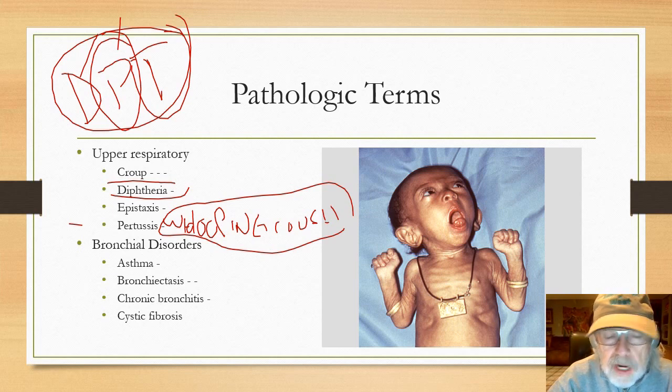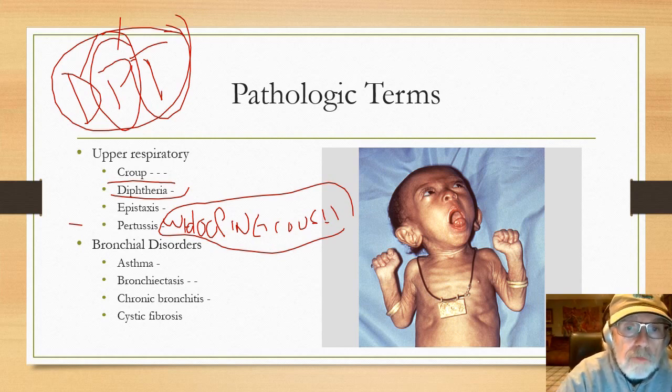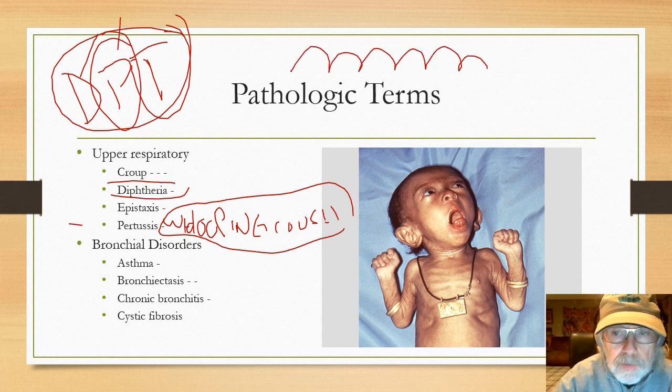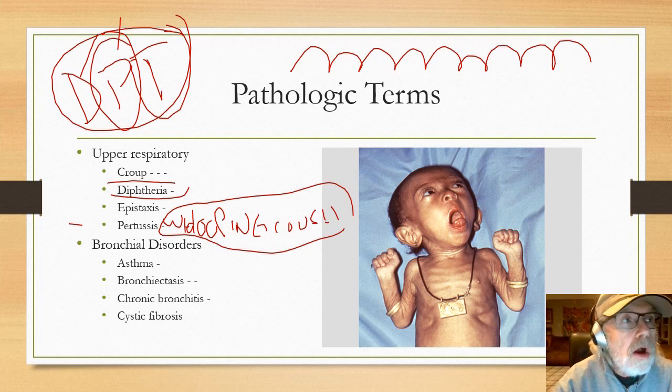The reason they call it whooping cough is because when they cough, it's called a paroxysmal cough. A paroxysmal cough means it's one cough after another cough after another cough. They have a series of one cough leading to another cough, and they go so long that they actually become anoxic.